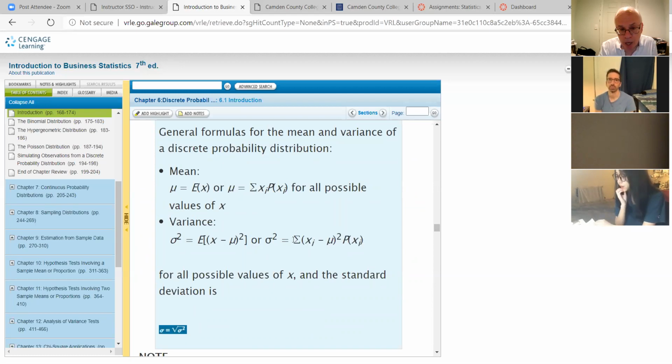It's the sum of each individual value of the random variable minus the mean, squared, times the probability for that particular value of the random variable, and you add up all of them and you get your variance. The mean, we just add up the product of each individual value times its corresponding probability. We add them all up and we get the mean.